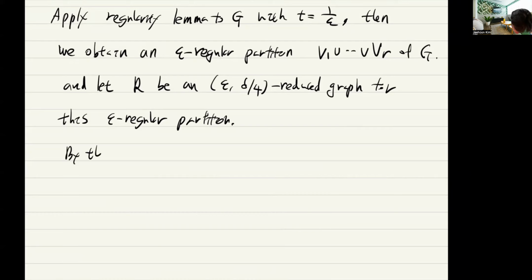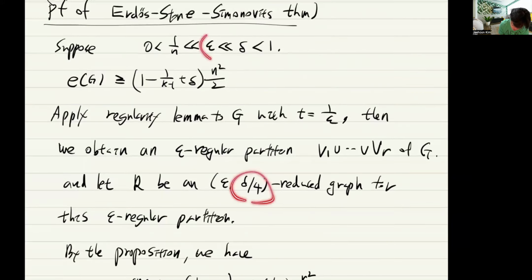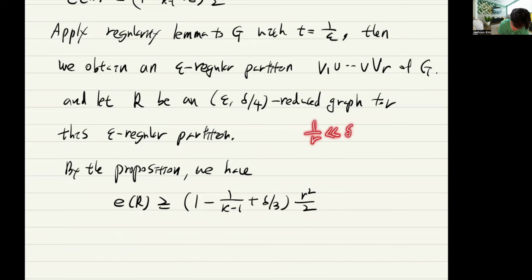Then by the proposition, using this average degree, we can find the lower bound on the number of edges in R. You can prove this using that delta and epsilon are much smaller, and R is big, so 1 over R is also much smaller than delta.